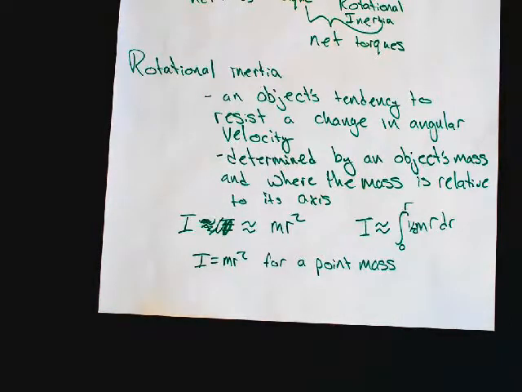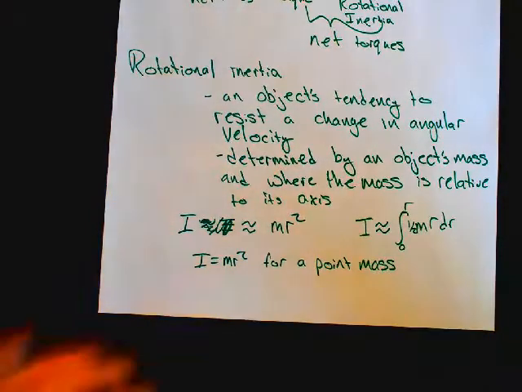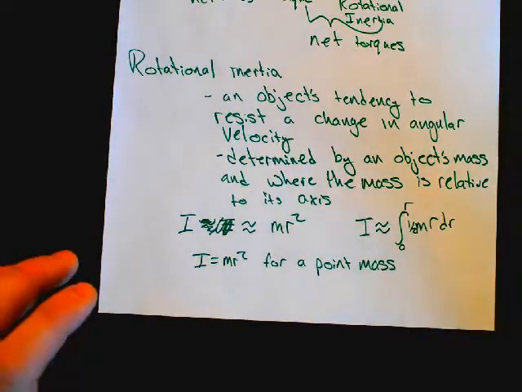Alternatively, we can talk about a person on a merry-go-round. A person on a merry-go-round has a specific rotational inertia based on that person's mass and where they are standing relative to the axis of rotation of the merry-go-round. Note, when I say merry-go-round, I'm talking about those toys that they've been removing from playgrounds, not a carousel. They are fun.